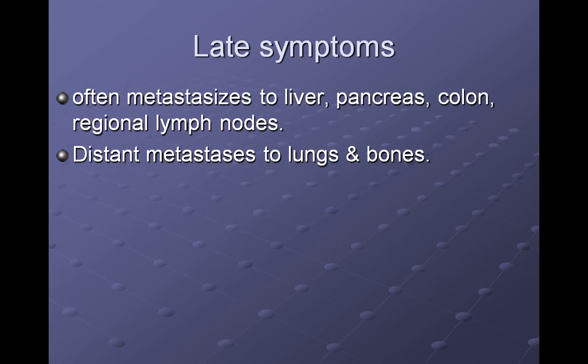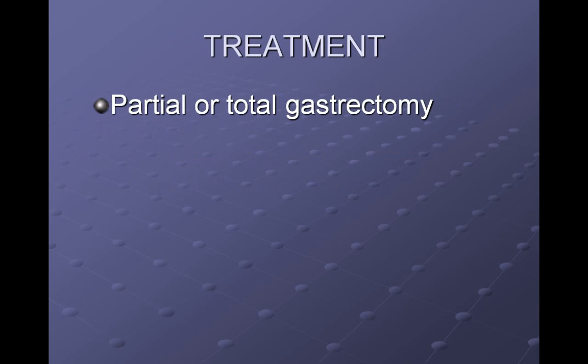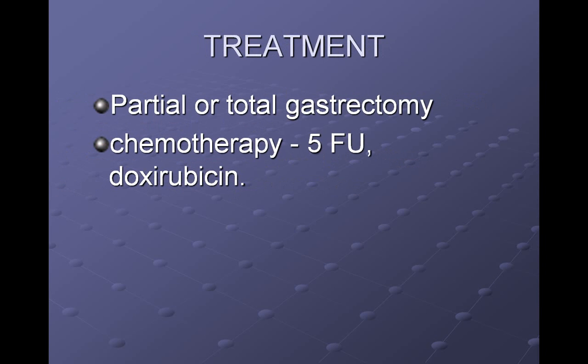Distant metastasis to the lungs and bones. There's a 5% chance of a 5-year survival rate. Treatment: partial or total gastrectomy, chemotherapy with the use of 5-FU, palliative radiation for comfort measures.